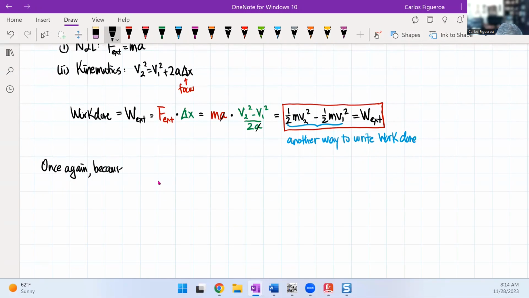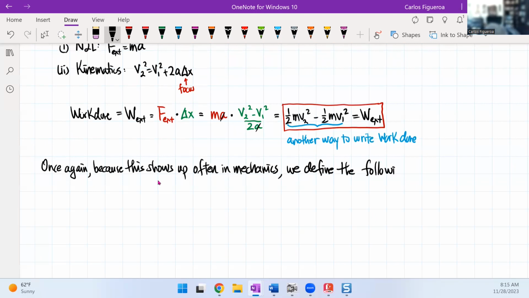We define 1/2 mv squared, and this is what we call kinetic energy.